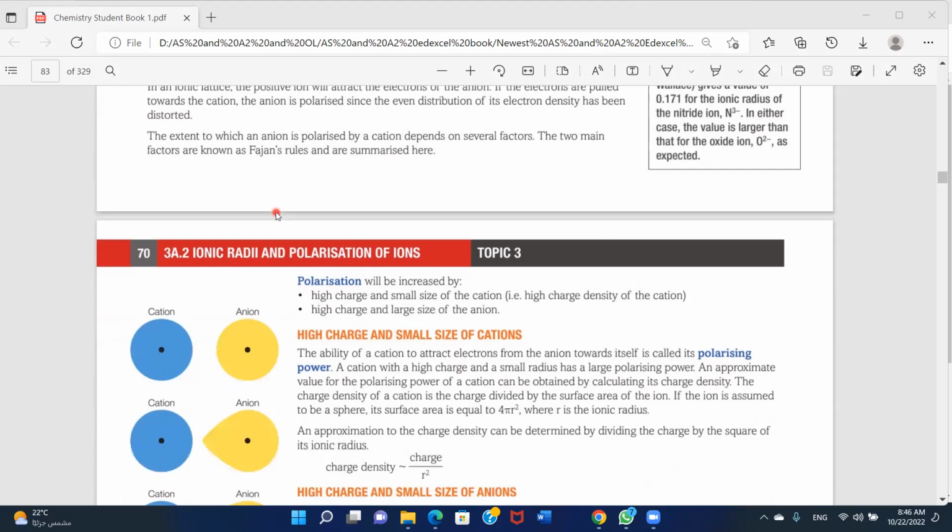Now, if we take, for example, a certain ionic compound, if I'm comparing, for example, lithium ion by, for example, sodium ion, I'm just drawing it bigger to show you. Of course, it's not too much bigger, but in order to show you what happens here, this is lithium ion, and this is, for example, chloride ion.